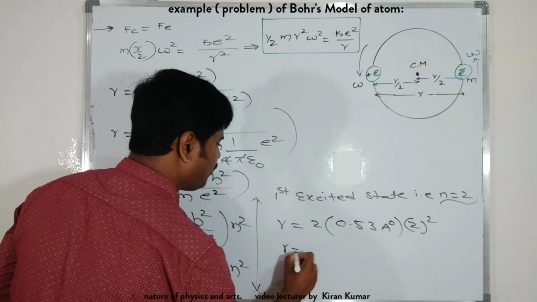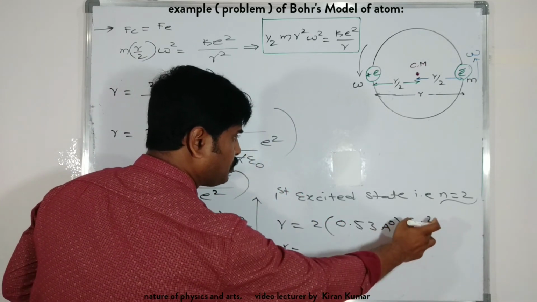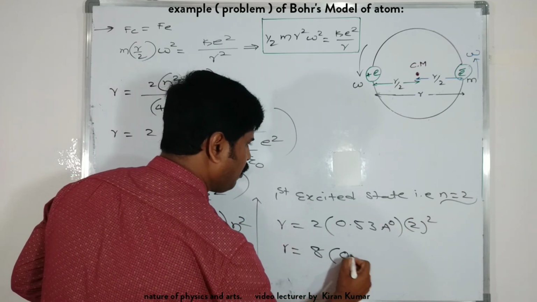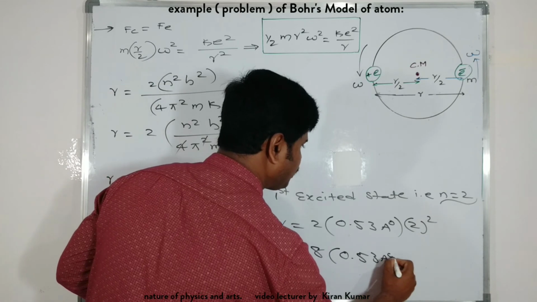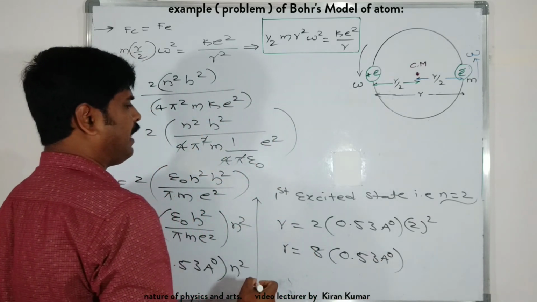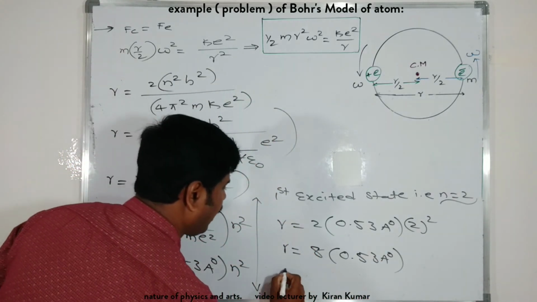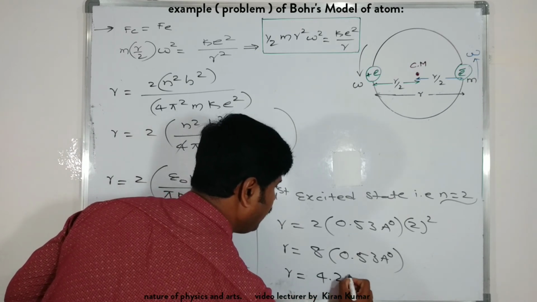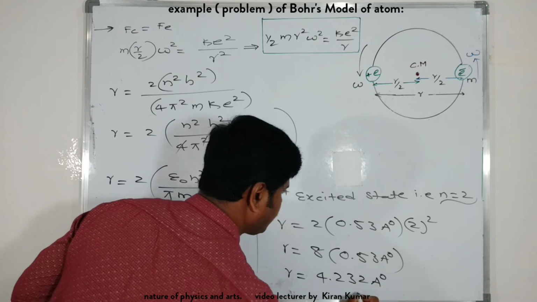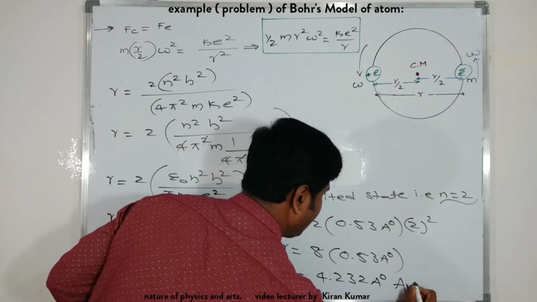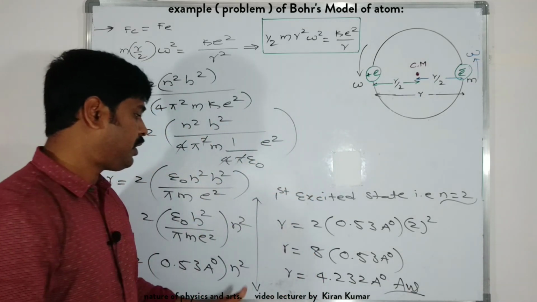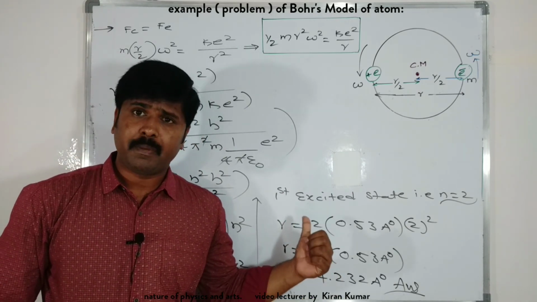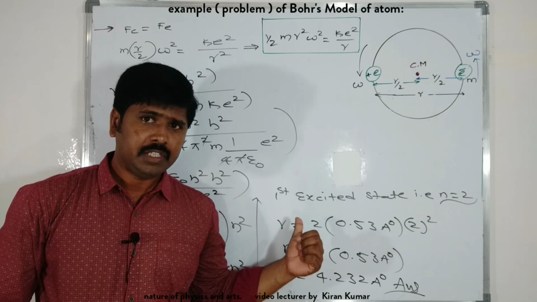So that R is equal to 2 to the 4, 2 into 4 is 8, 0.53 angstrom. Then the resultant value I am writing here R which is equal to 4.232 angstrom is our answer for the given question. That is first answer only. Please copy this and try to understand the steps.